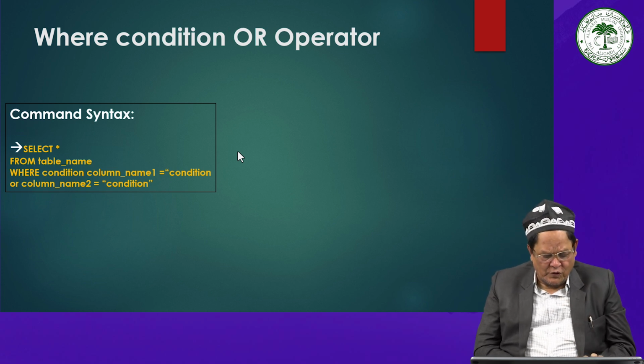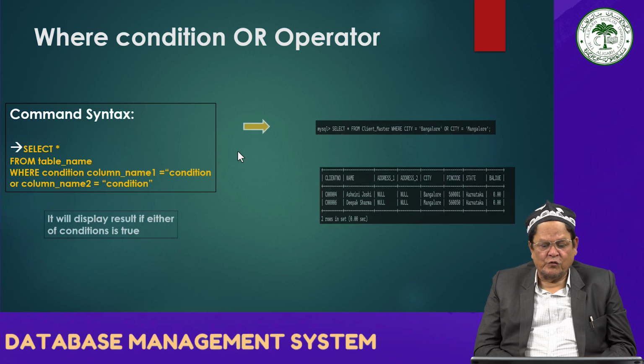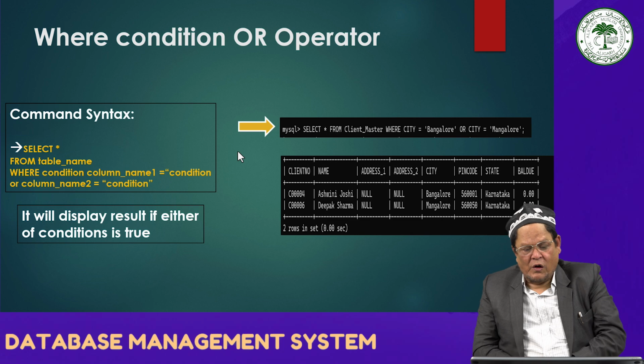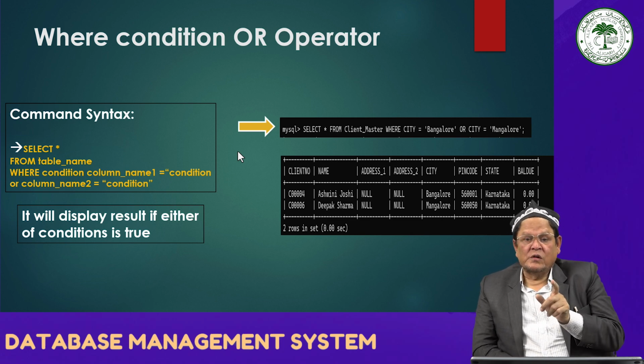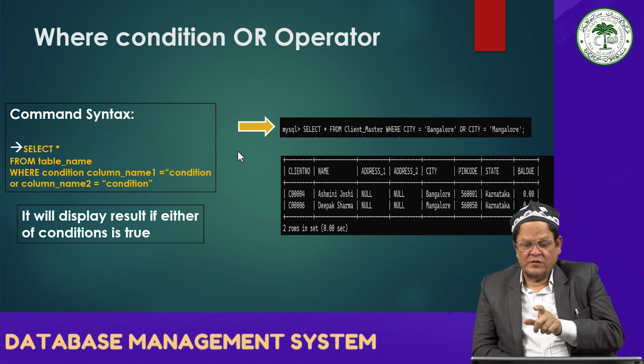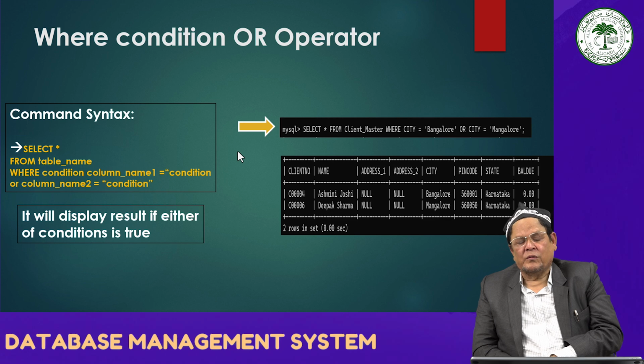If you want to select, how do you write it in MySQL? Select star from the table client master where city is equal to Bangalore or city is equal to Mangalore.